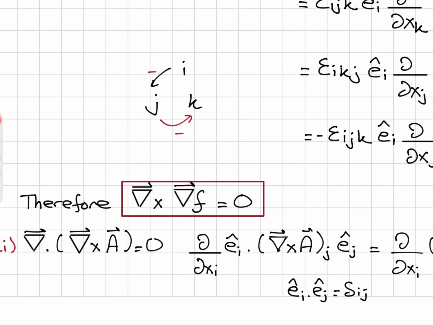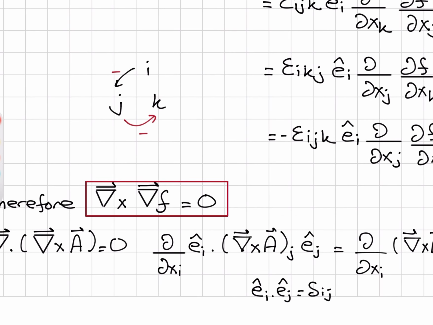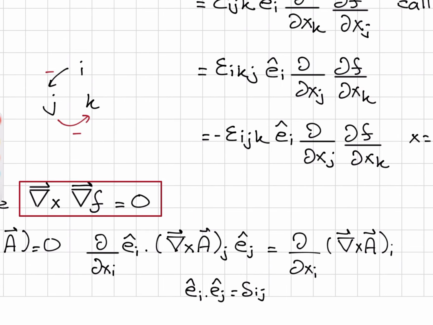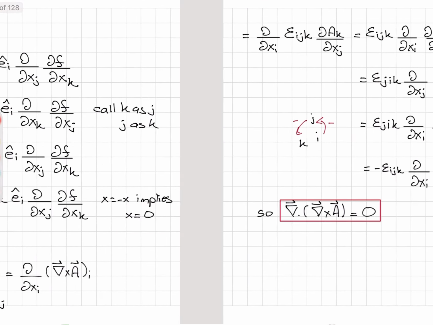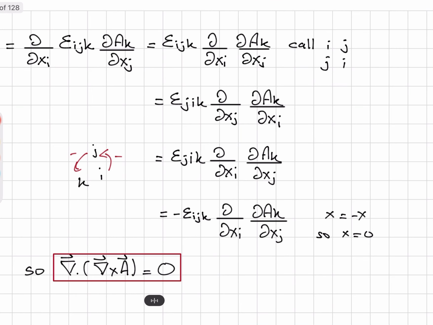Now, as for the divergence of the curl, we have del xi ei hat dot product with curl A's j component ej hat, which is curl A. And the ei hat and ej hat dot product is Kronecker delta ij, so I have curl A's ith component. Curl A's ith component is epsilon ijk del xj ak. And now I can take this outside because this is just a constant.